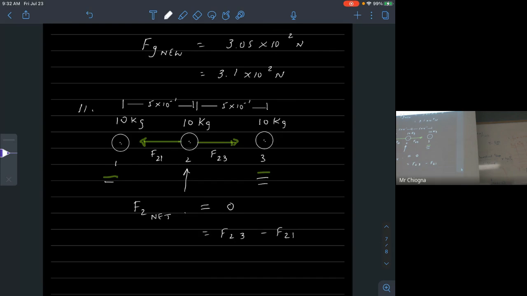It's fine, as long as, if you did this problem, as long as I said it in words, you'd have to write it down. Just say F21 is equal to F23. I'd have to see that somewhere in magnitude. And then show me in the diagram they're opposite in direction, so they cancel out. Okay?